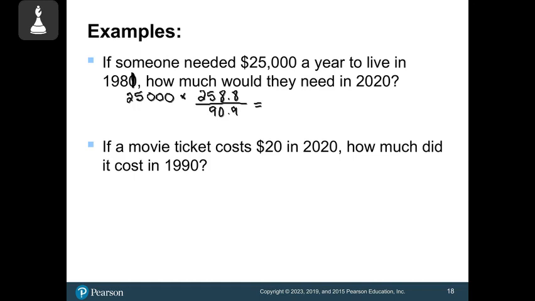If I multiply those in a calculator, just exactly as you see it, 25,000 times 258.8 divided by 90.9, you should get $71,177.12.